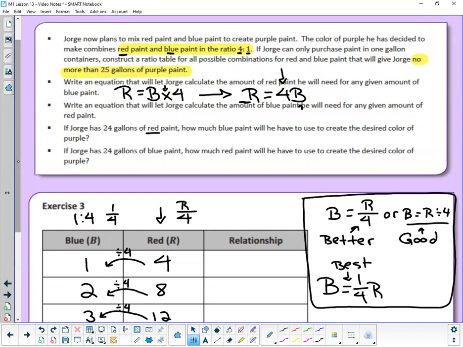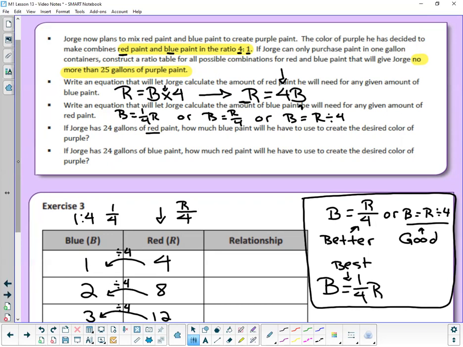We need to figure out how many gallons of blue paint. By the way, this was B equals 1/4 R, or B equals R divided by 4. Good, better, or best. That's how I wrote it.